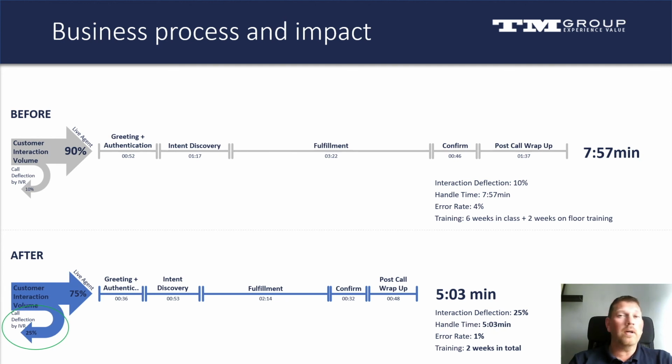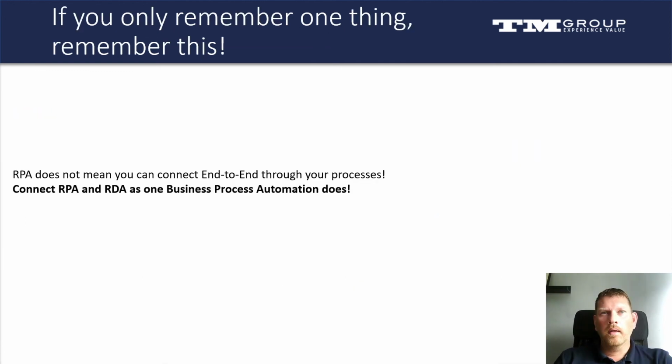We also see that the other metrics are going down due to that we can assist the agents, we can guide the agents, and we can automate for them, where we do that in real time for our agents. Really powerful. So a lot of information in short time, but if you only remember one thing from this video, I really want it to be that RPA, Robotic Process Automation, does not mean that you can connect end to end through your processes.